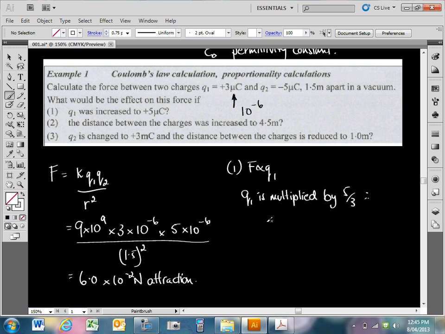Therefore, F is multiplied by 5 over 3. From that, we can say this, 5 over 3 times 6 by 10 to the minus 2.